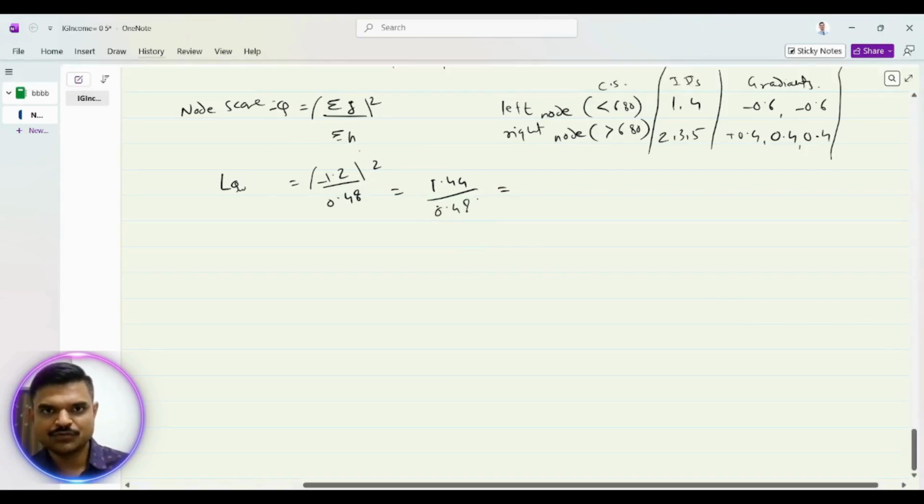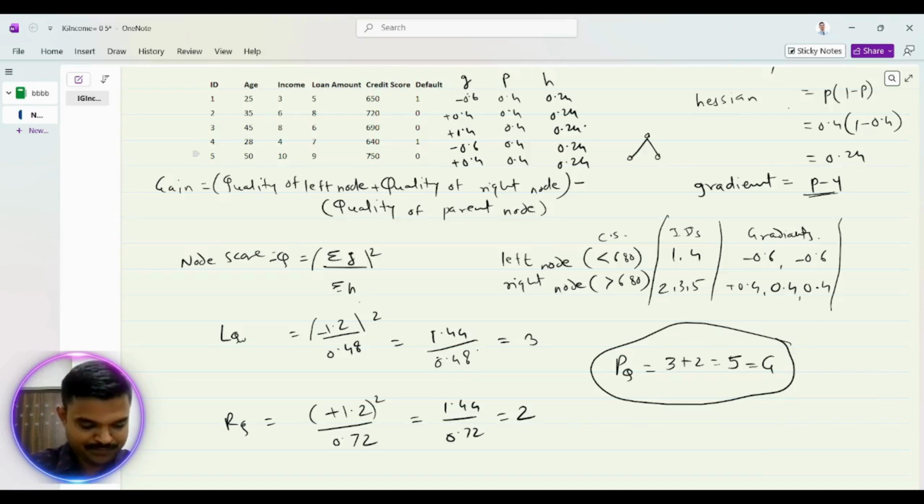So this is 0.48 now, which is equal to... we split our decision tree and our gradient boosting works. So this is how our LightGBM works.